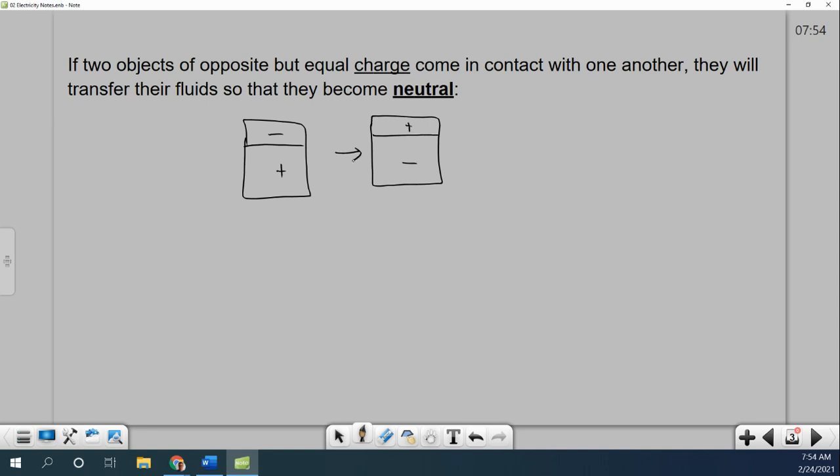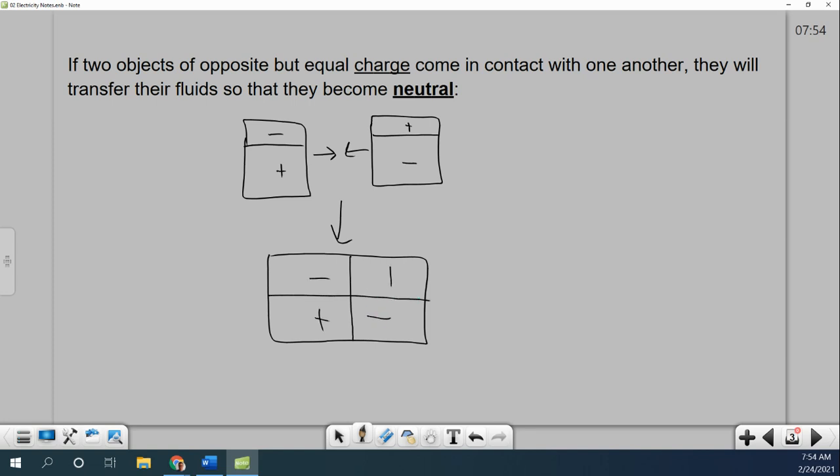If I bring these together, they would touch each other. So here's our two objects. And the charge would flow so that they are both balanced. So you would have two neutral objects. So if two objects of opposite and equal charge come in contact with one another, they transfer fluids so they become neutral.